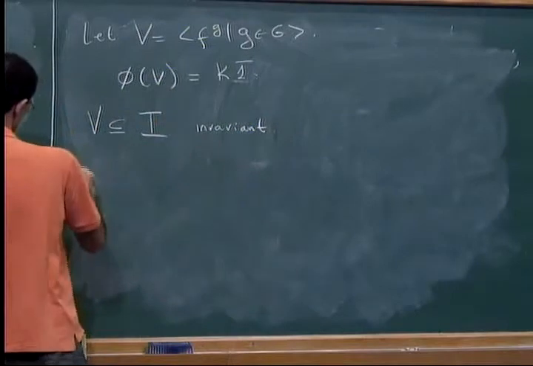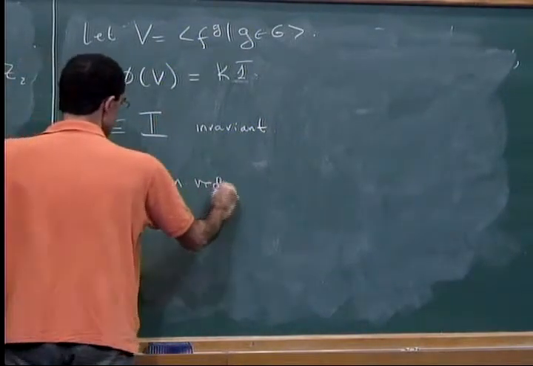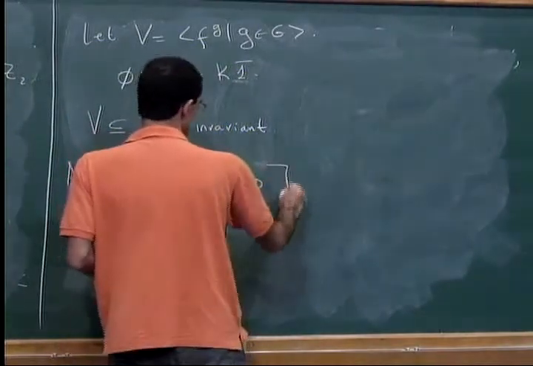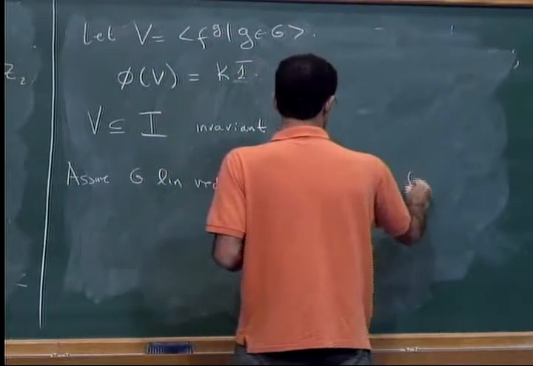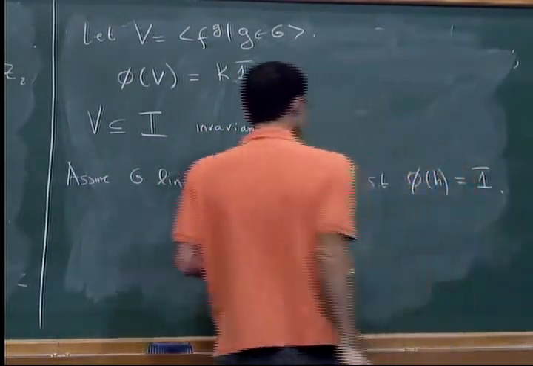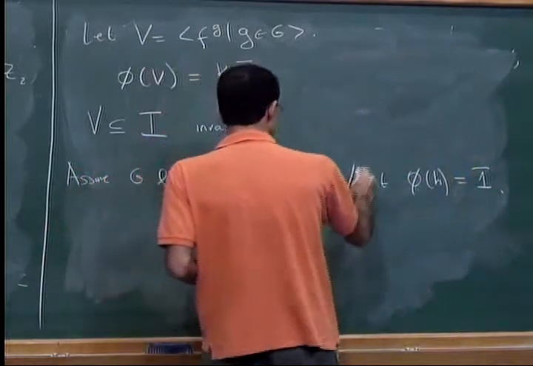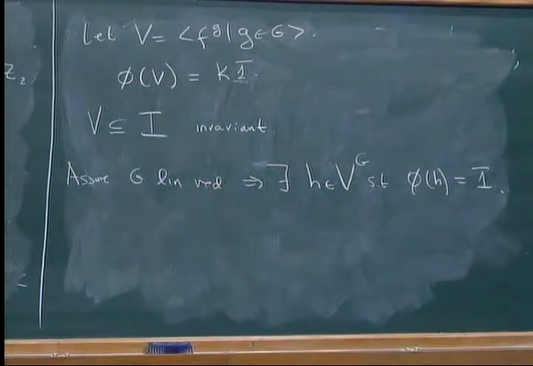And then assume G is linearly reductive. And then we get that there is an H in V, an H in V invariant, such that phi of H is 1 bar. Right?